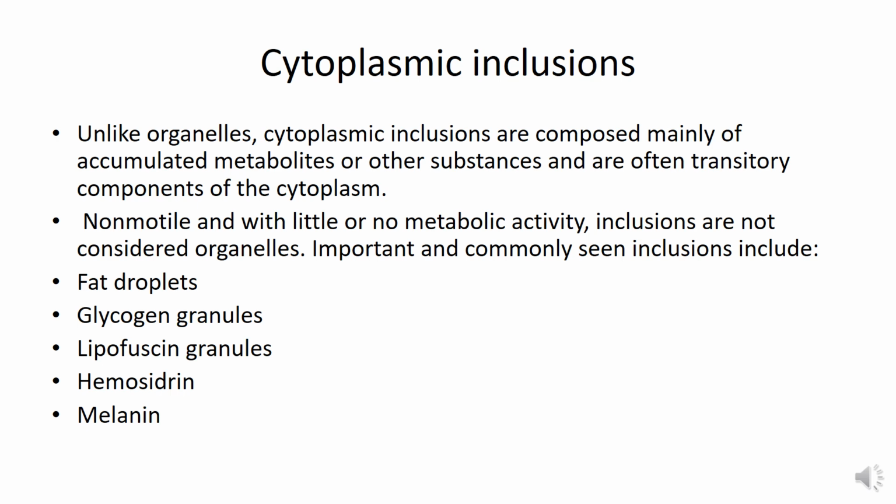Important and commonly seen inclusions are divided into two categories: stored food materials, and second, the pigments. They include fat droplets, glycogen granules, lipofuscin granules, hemosiderin, and melanin.